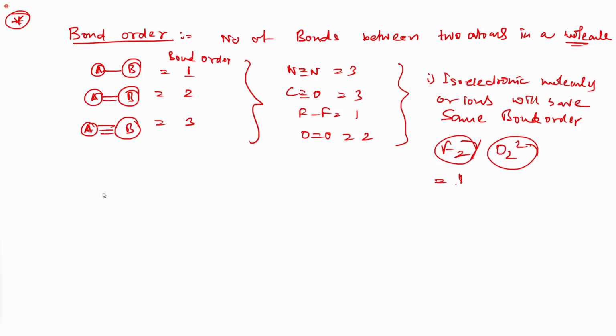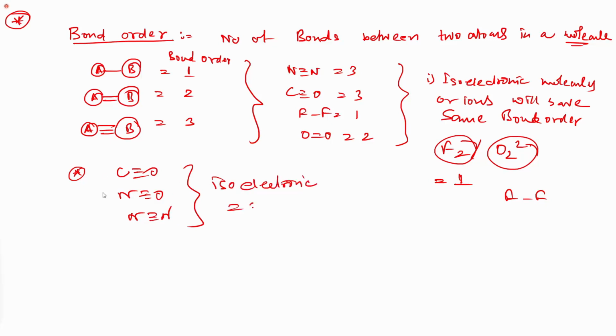So the bond order is equal to 1 because an F-F bond is there. Similarly, C triple bond O, N triple bond O, NO+, and N triple bond N are also isoelectronic. So the bond order equals 3. So isoelectronic molecules and ions will have the same bond order.